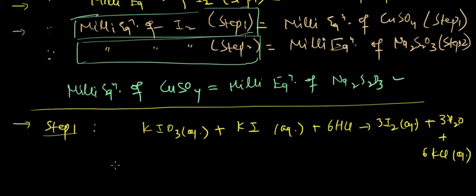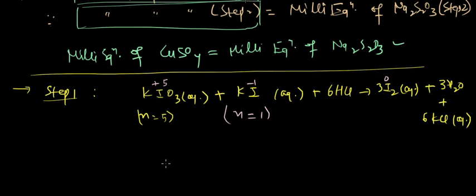In this case, the n factor of this would be 5. Why? Let's see the oxidation here. It is going from plus 5 to 0, and this is going from minus 1 to 0 as well. So the n factor here would be 1.